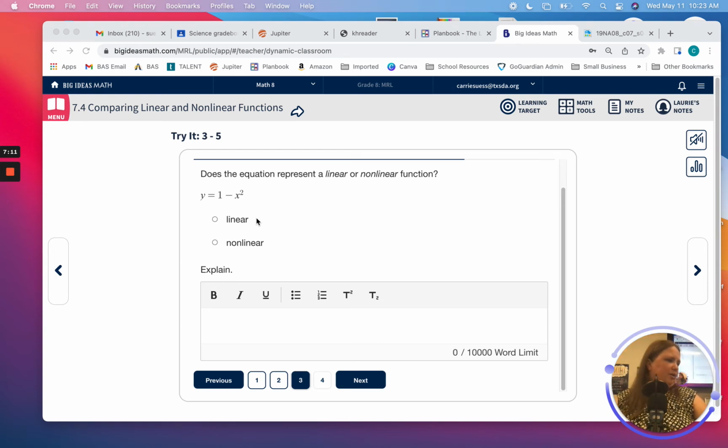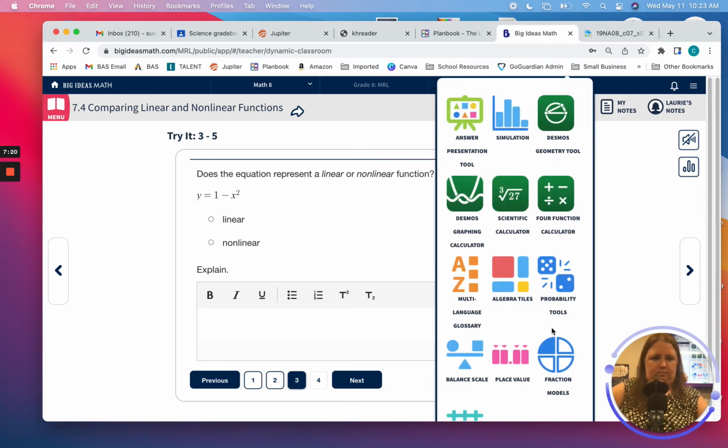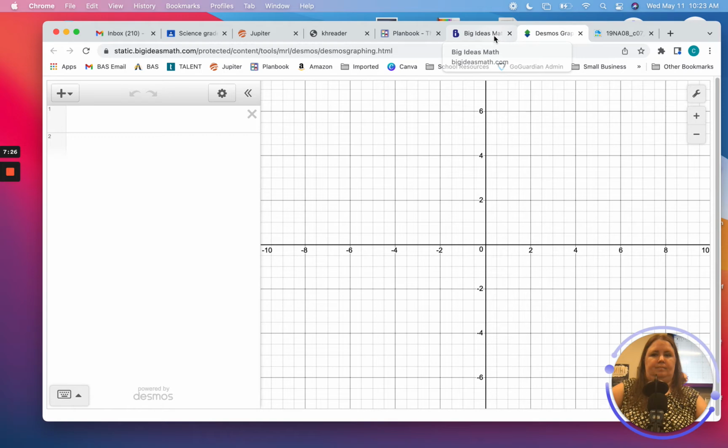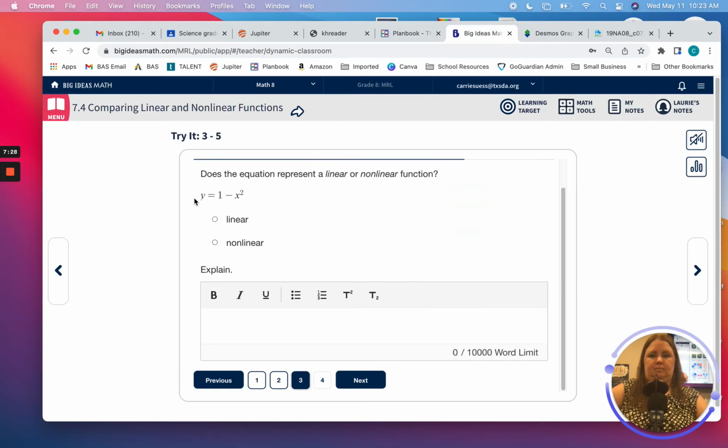I should find my graphing calculator and type this in, and you can see what the graph looks like. Oh, I think there's one here. Hold on. Math tools. Graphing calculator. Here we go. This will be cool. Y equals 1 minus x squared.